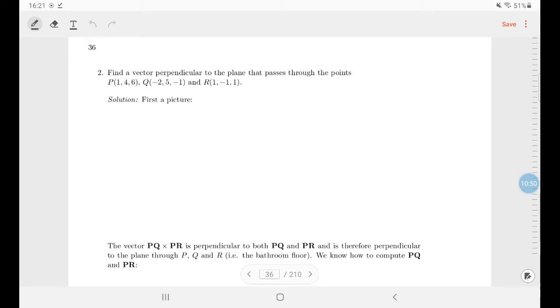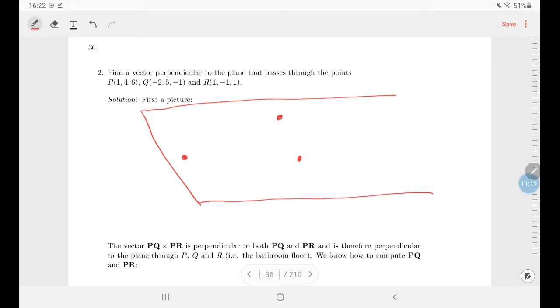Okay, let's see. Find a vector perpendicular to the plane that passes through these points. So if you've got some points in space, say P, Q, R, imagine putting an infinite sheet on them, and in that sense they all lie on a plane, as long as the three points don't fall on a line.